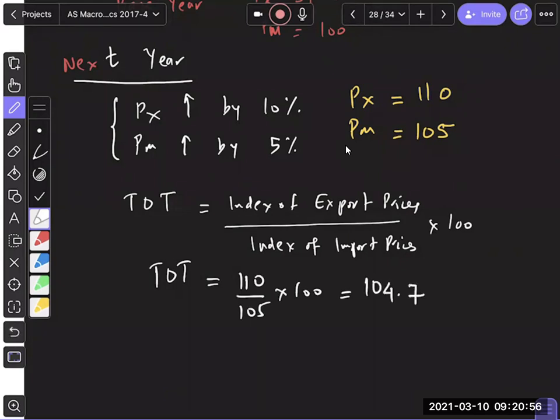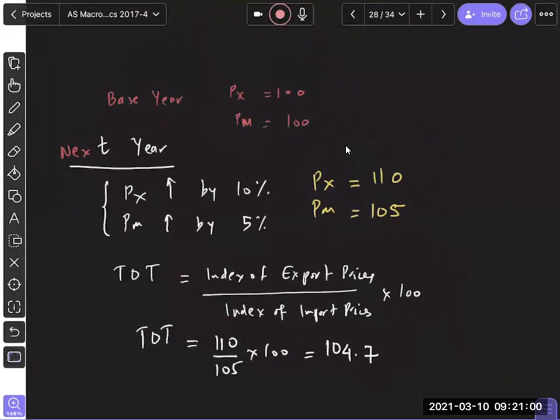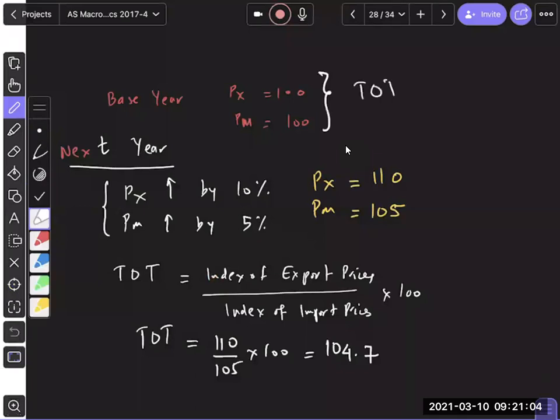Now, guys, look at this. If I find out using the same formula what's the terms of trade in the base year, guys, what's the terms of trade in the base year? The answer will be PX over PM times 100, or in other words, 100 over 100 times 100, which means the terms of trade in the base year will be 100.